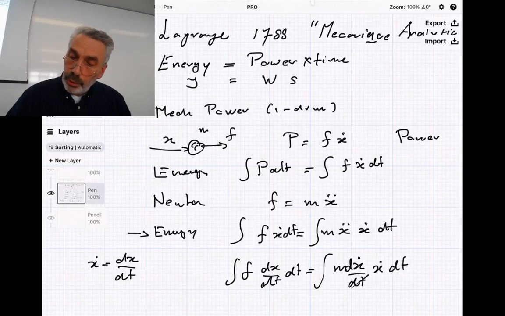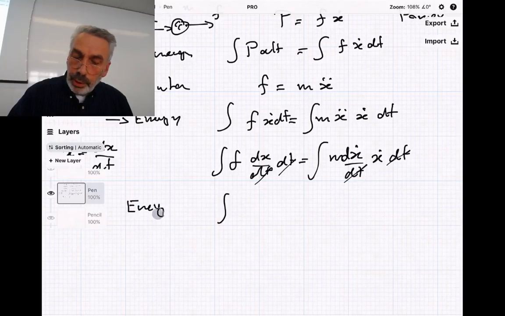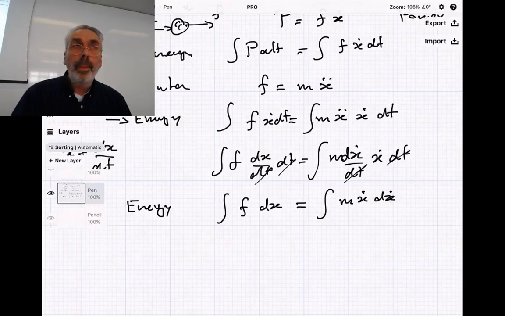So now I cross out these dt's and change my boundaries of integration. And then finally I get my energy equation for this one-dimensional case: the integral of the force times the distance increment is equal to the integral of the mass times the velocity times d x dot.